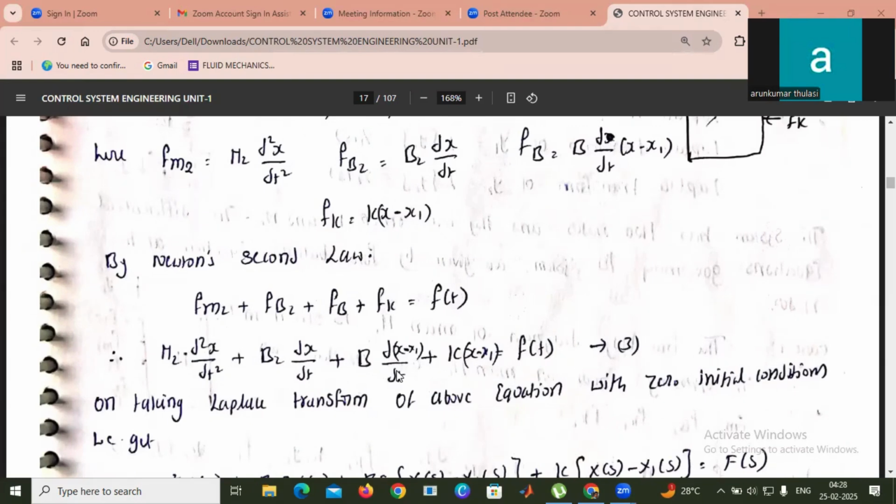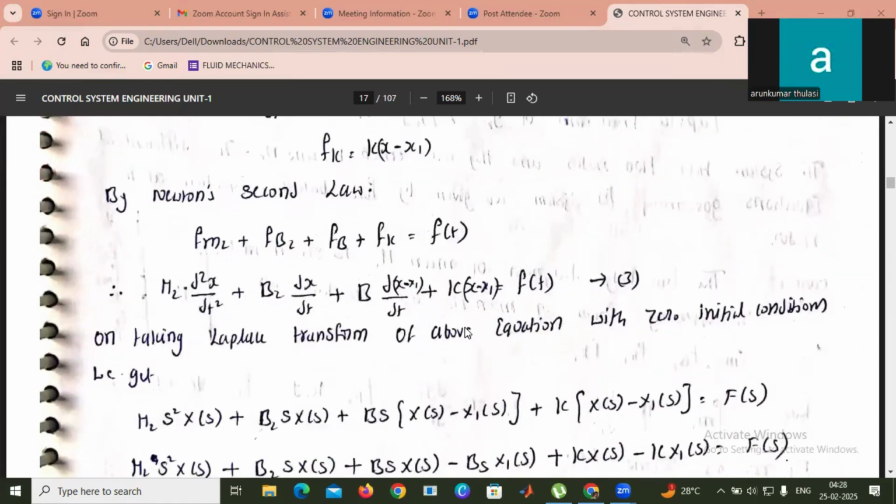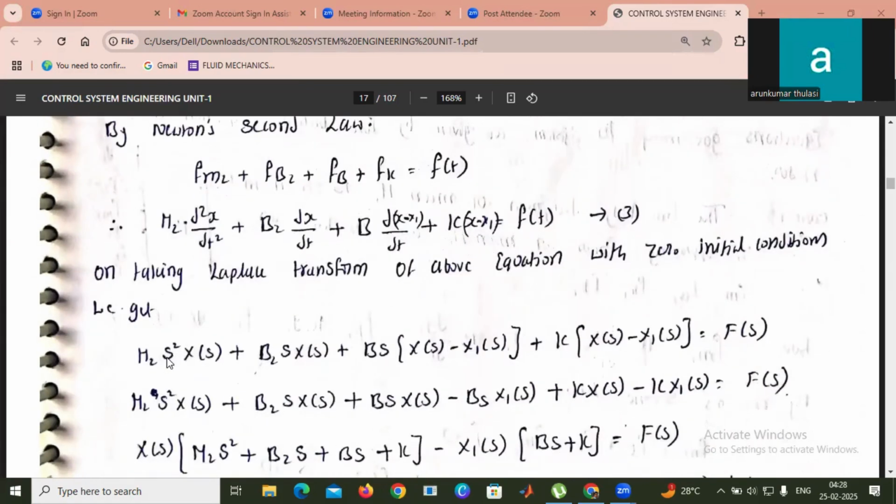Now, this equation is in the time domain, so we have to convert it to the S domain by applying the Laplace transform. On taking the Laplace transform of the above equation with zero initial conditions, we get m2 s square x of s. Here we get s square for the second order differential equation; if it is a first order differential equation, we will get s. For the constant, we just get the coefficient k into (x of s minus x1 of s).